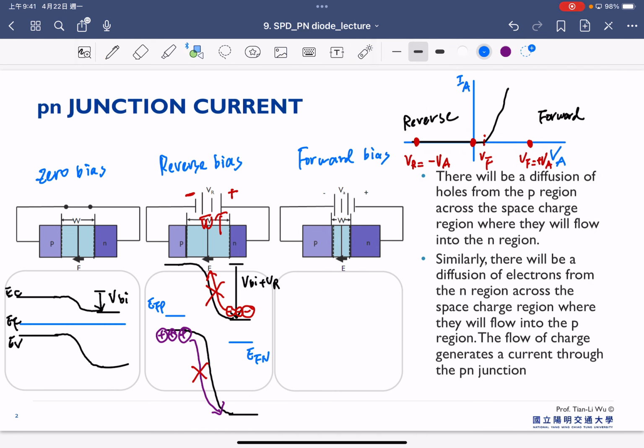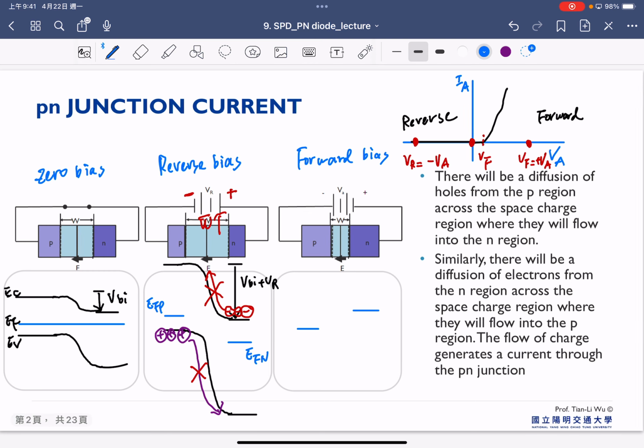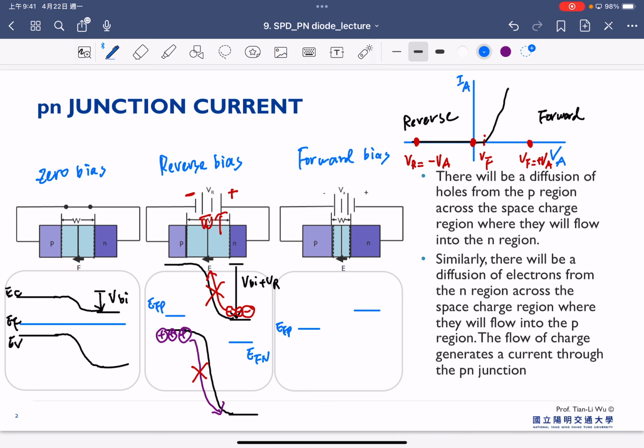similarly, we still have the EFP on the left hand side, and we have the EFN on the right hand side. But now we can see the gap here is different.